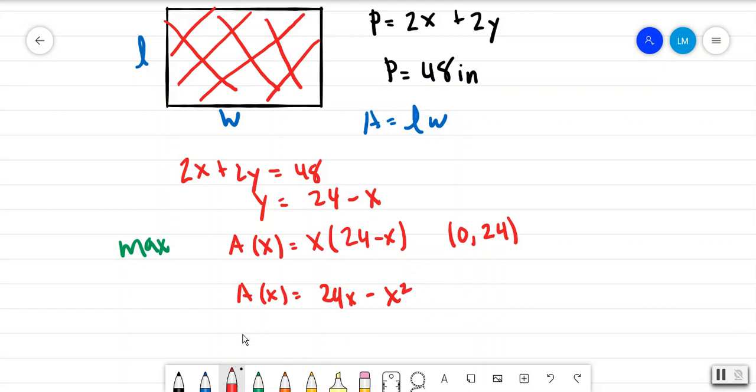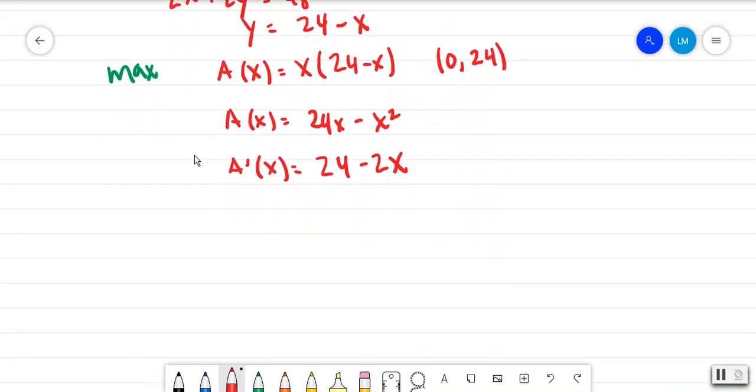Take the derivative if you want to maximize this. So that's going to be 24 minus 2x, but then you would set that to 0. So you would end up getting that 24 minus 2x equals 0. And this gives you that x is equal to 12.